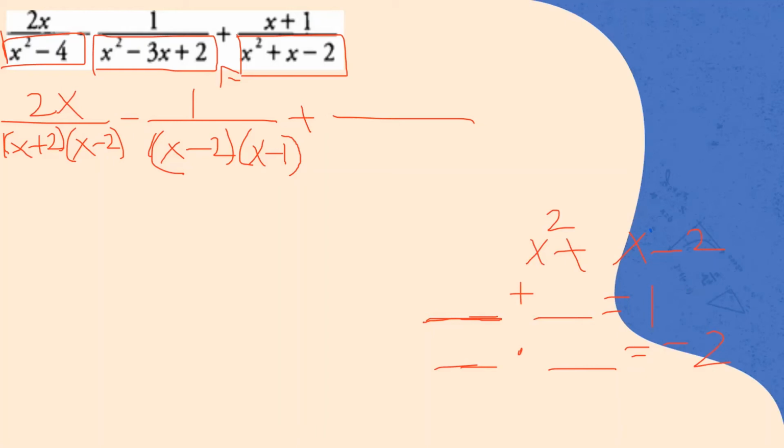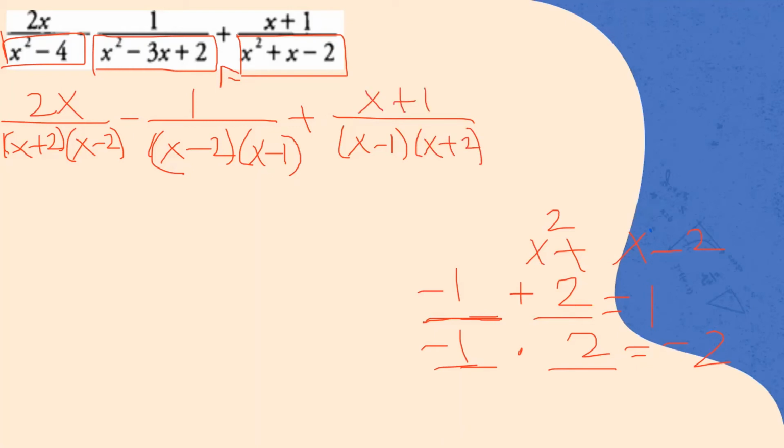So -1 plus 2 does give us +1, because the greater number has a positive sign, so your result is going to have a positive sign. And -1 times 2 gives you -2, because positive times negative gives you negative. So I'm going to write that as my factor, and whatever I had in the top, I'm just going to bring that down.